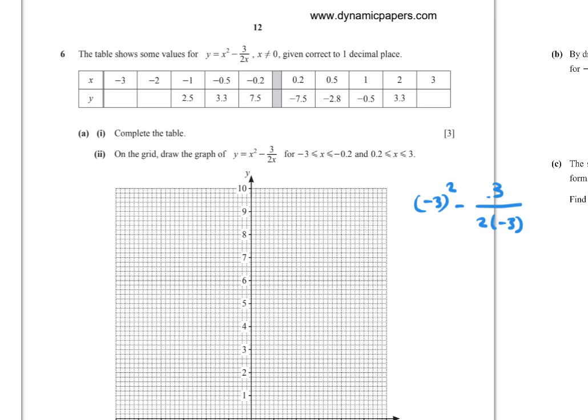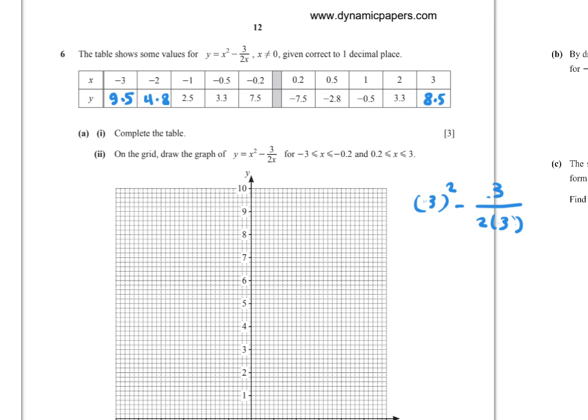The answer 9.5. The same for negative 2, substitute x by negative 2. The answer 4.8. Then substitute x by 3 and find the answer. The answer 8.5.